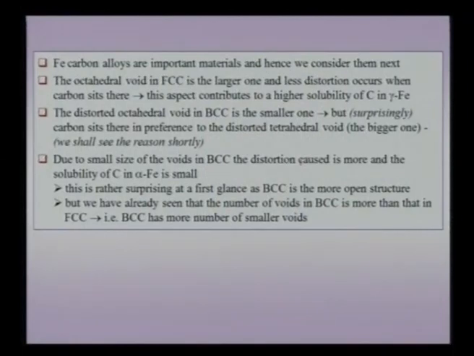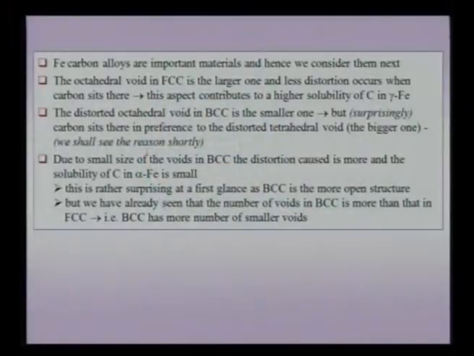And we know that the solubility of carbon in alpha iron at room temperature is extremely small, of the order of 0.001% or something very small, and gamma iron, which is found at higher temperature, has a much higher solubility for carbon. So to repeat this important point, we know that BCC is an open structure, so at first glance we would assume a higher solubility of carbon in BCC iron.